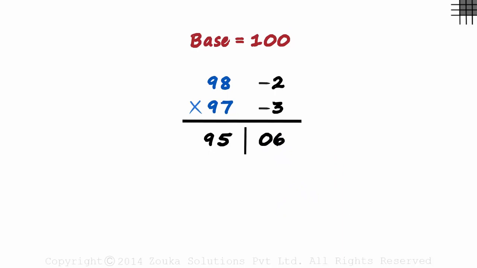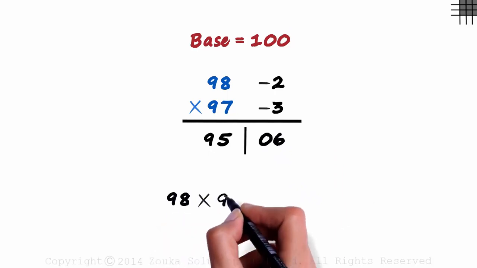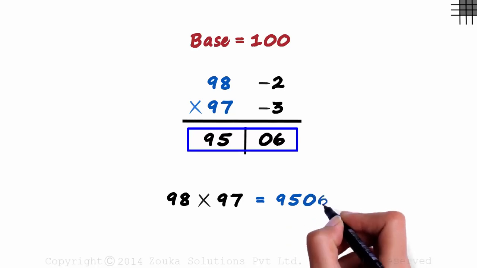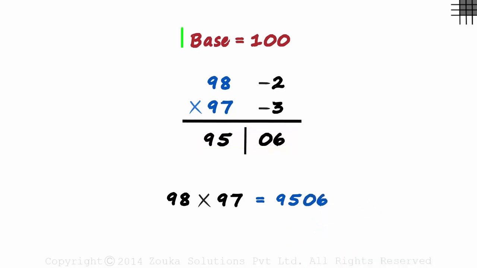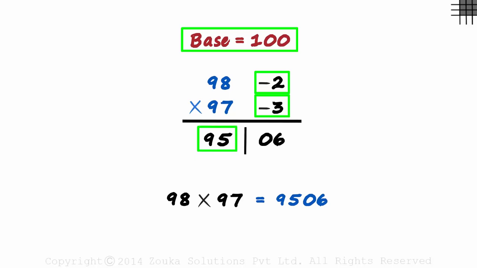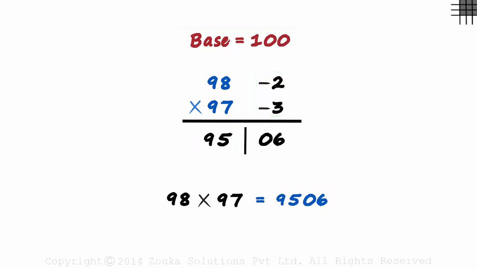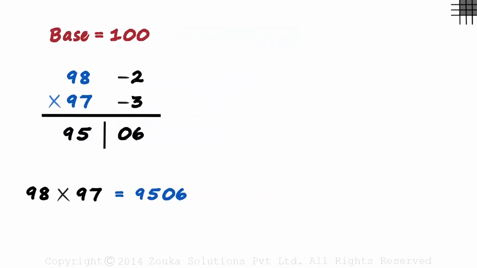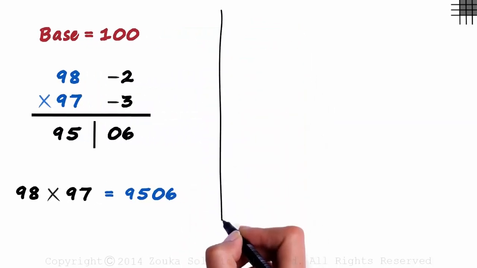There's your answer. 98 times 97 is 9506. Find the base, find the deviation, find the sum, and find the product, and we get the answer in a few seconds. Okay, let's try solving a problem with slightly bigger numbers.